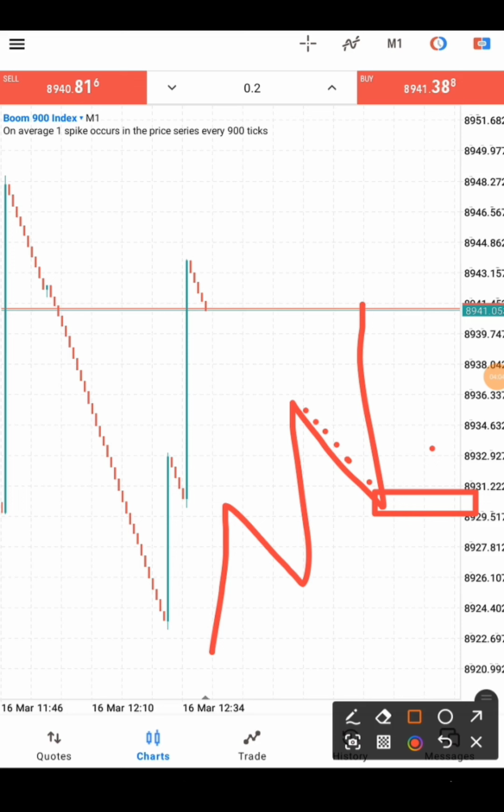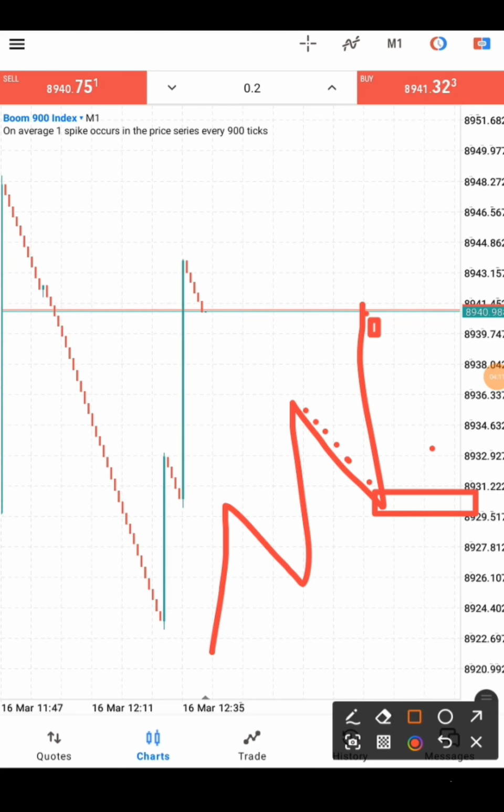So what are you looking at? You are waiting for a retracement to be dropping, then when it's closer by, the market intends to go up back.